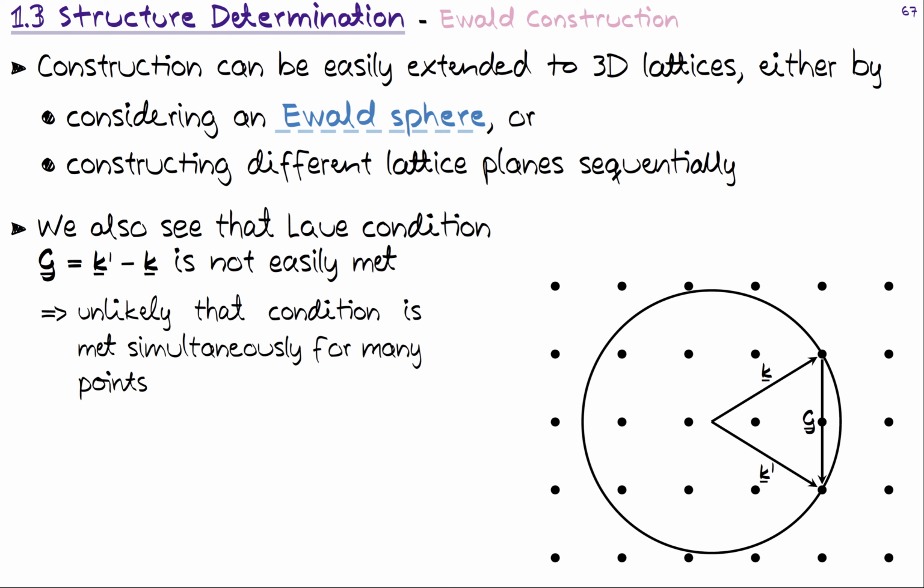Physically, when we see a single diffraction peak, it usually corresponds to diffraction associated with a very specific G vector. This means we can uniquely relate that specific diffraction peak to specific Miller indices, and thus to a specific plane in the crystalline structure. This is what we can do in practice, because this condition is not very easily met.